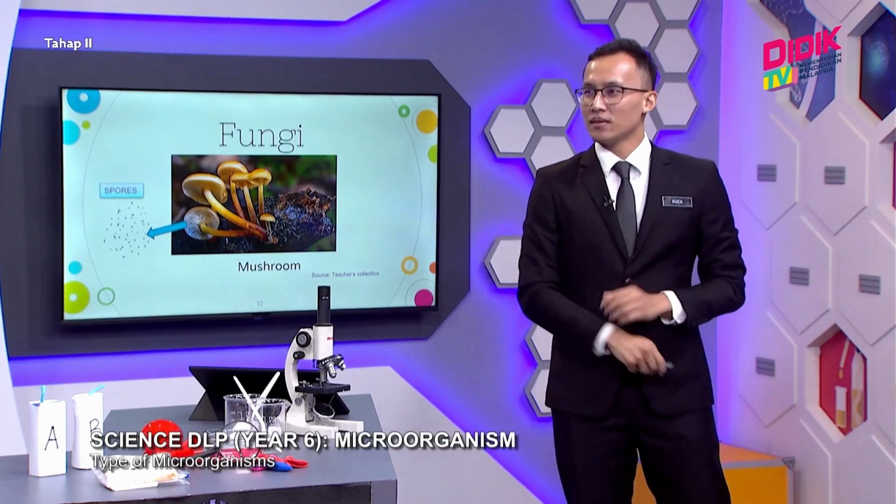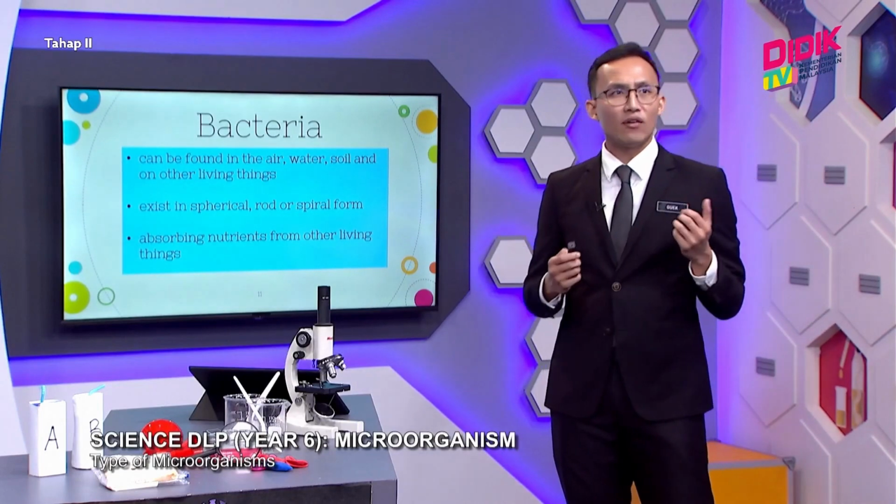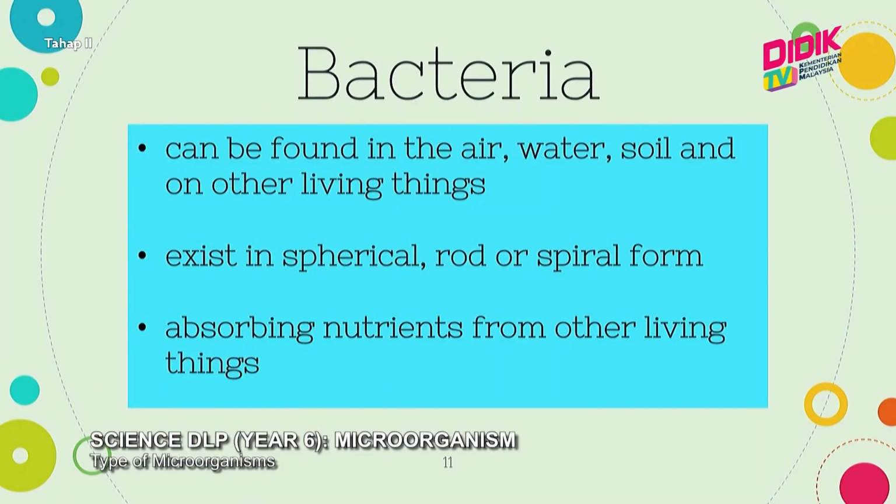Next will be the bacteria. Bacteria can be found in air, water, soil, and other living things. It's easy to identify bacteria, because they exist in either a spherical shape, which is like a ball, or in rod shapes, or a spiral shape.